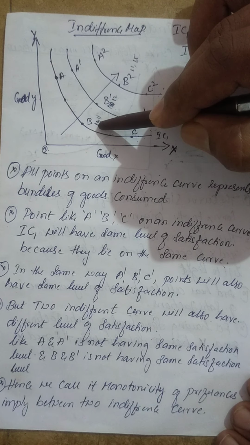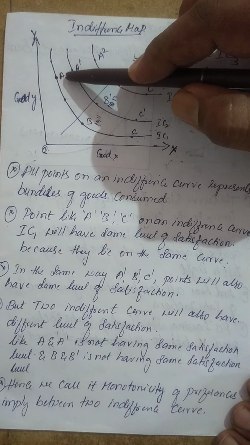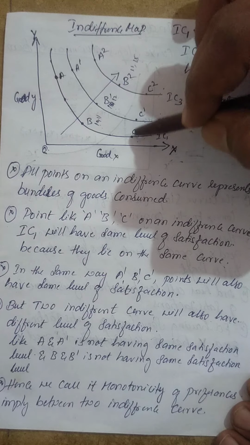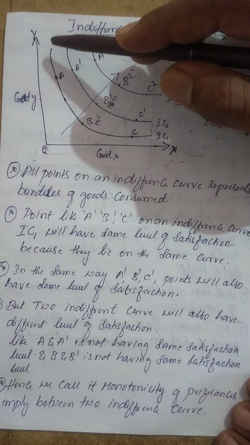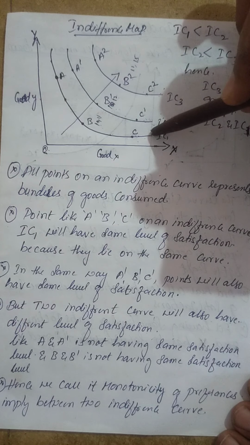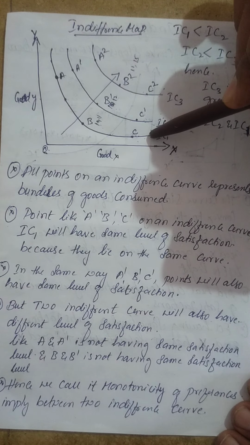Some might eat chapati and rice, some might eat ragi ball and rice, some might eat roti curry and rice. So these are different consumers, they are rational in nature and they are consuming their goods, but all are filling up their stomachs.